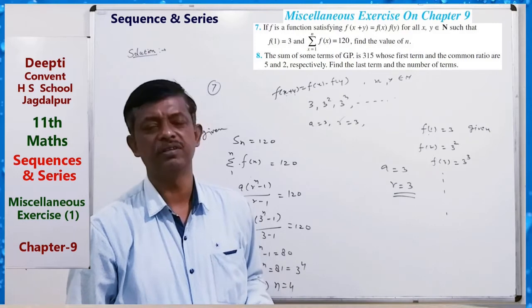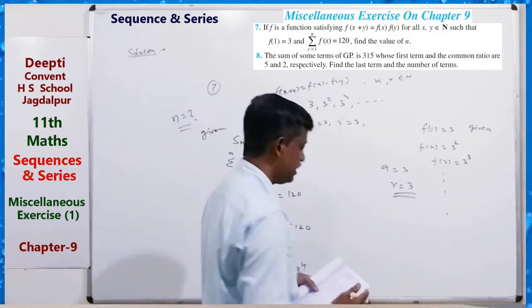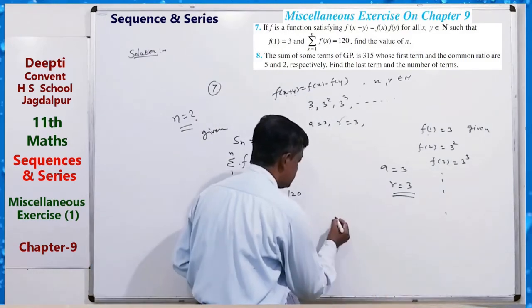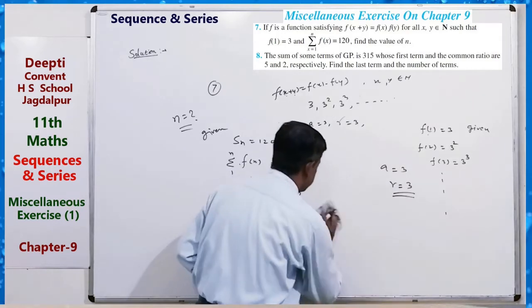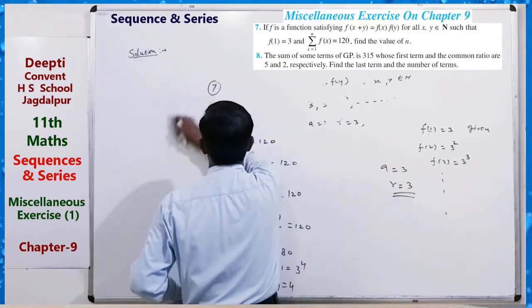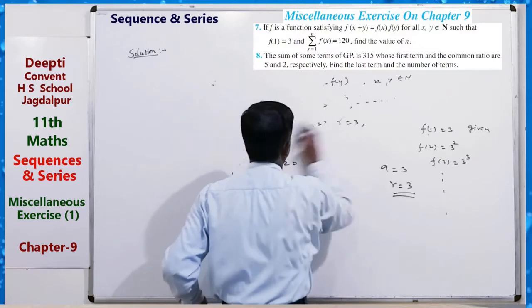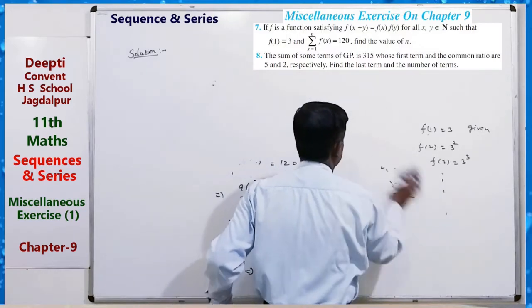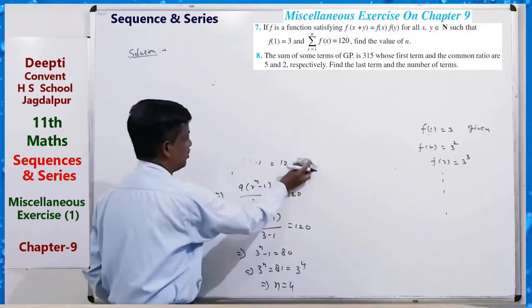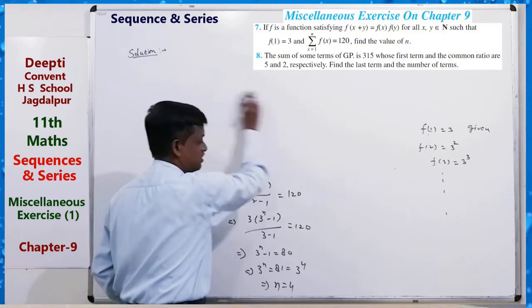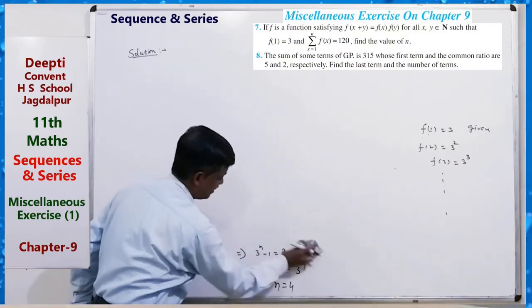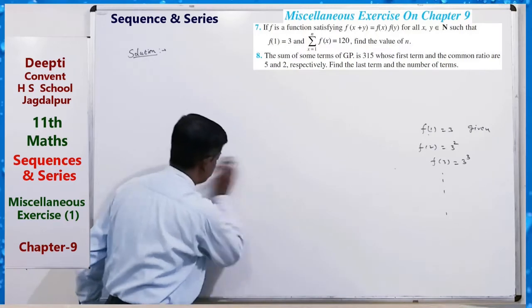Just put in the values and solve it. This portion is just calculation, n equals 4.